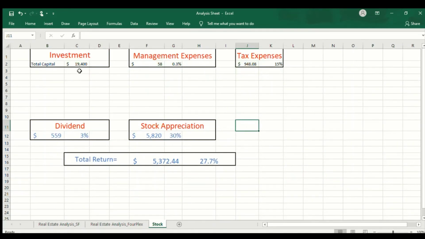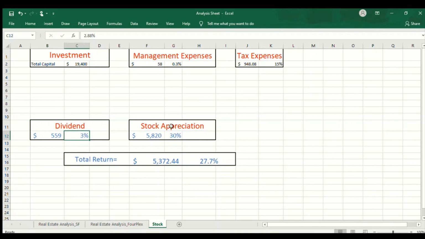And I've already done the math here for you guys. So that $19,400 would be your capital investment. Typically, if you're using Vanguard's S&P 500 ETF, which is the VOO, that comes with a 0.3% management expense, and the dividend payout is about 3% on an annual basis.